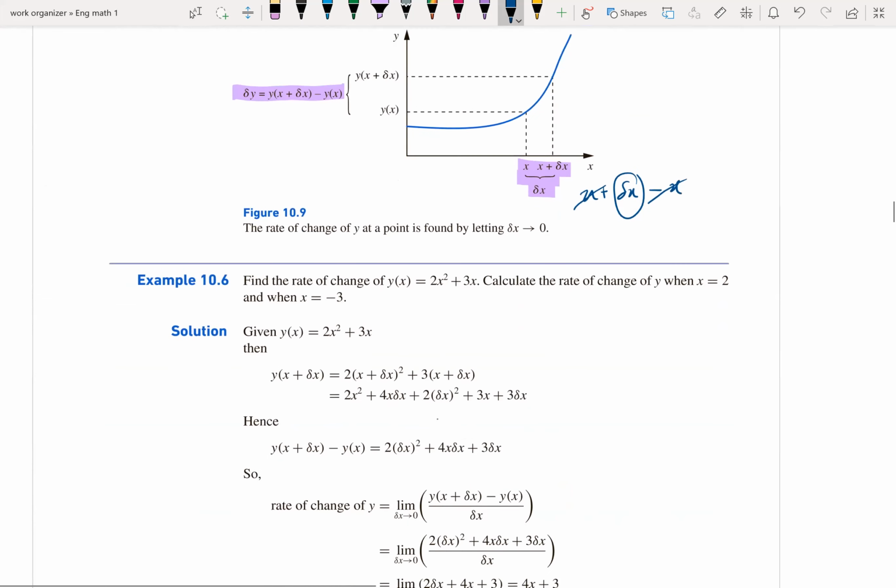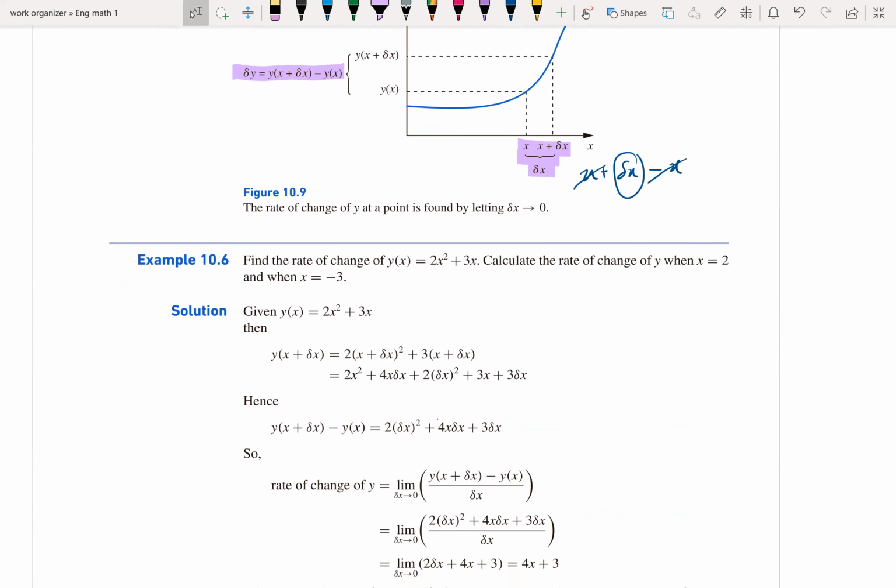Example 10.6. We have to find the rate of change of y, given the function y(x), when x is equal to 2 and when x is equal to negative 3.